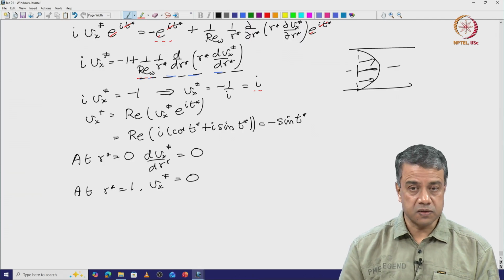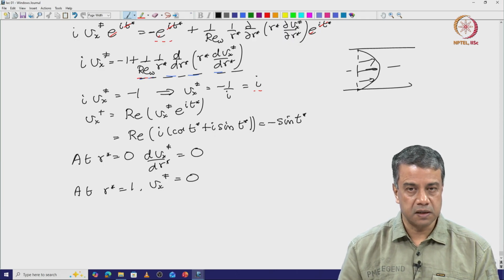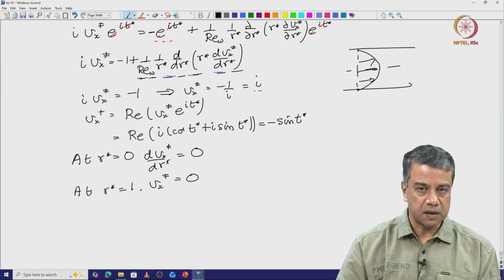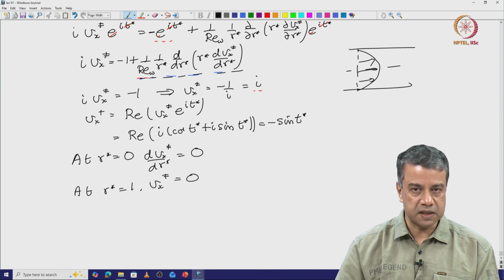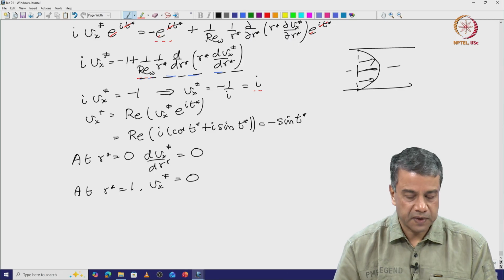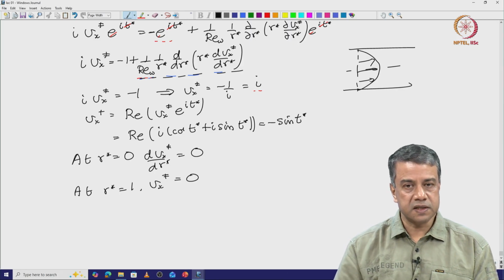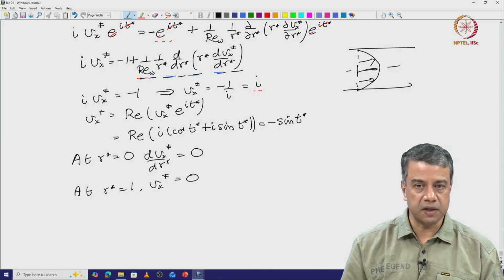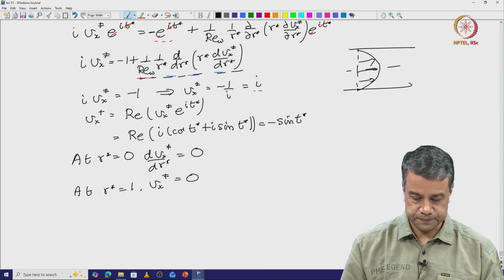Velocity decreases to 0 because there is diffusion of x momentum in the radial direction. That is, there is a decelerating effect due to the wall, which is basically the diffusion of minus x momentum in the radial direction. When we neglected the viscous term, we neglected that diffusion term, and because of that we were not able to satisfy that boundary condition.